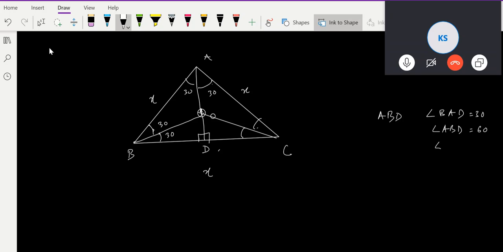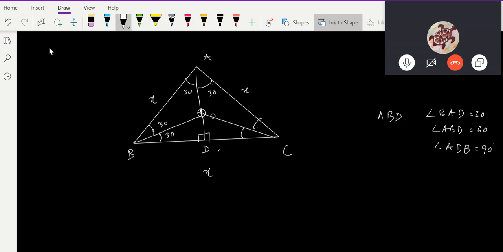Therefore, angle ADB has to be 90, correct? Yes, sir. So therefore, the median, which is AD, becomes the perpendicular also, which means that will be the orthocenter as well, right?